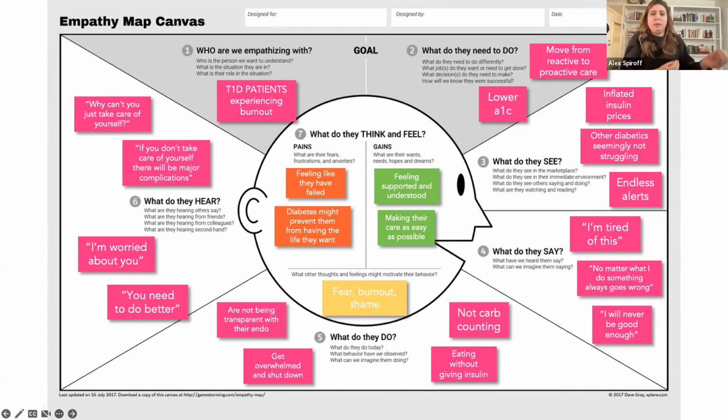They're hearing judgmental statements, and they're feeling this internal pain, frustration, and anxiety, feeling like they've failed. We really want to be feeling supported, understood, and then also feeling fear, burnout, and shame, right? So how can we use this exercise to create our pitch based on this understanding once we've gone through this empathy map? So that's a great tool to use in a couple of different scenarios.